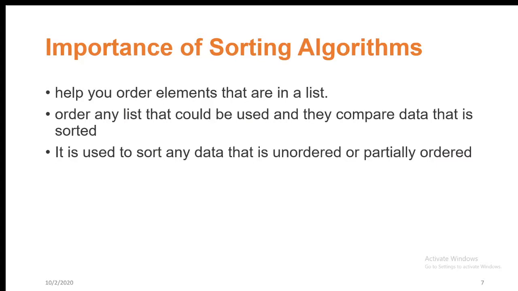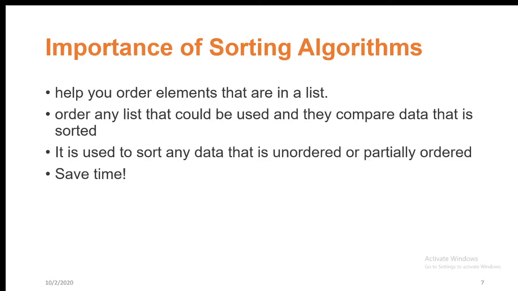If it is unordered, then you can sort it, and if it is partially ordered, then you can sort it in a particular format, increasing or decreasing. Obviously sorting saves your time and increases your work performance, because it searches at a very quick rate.